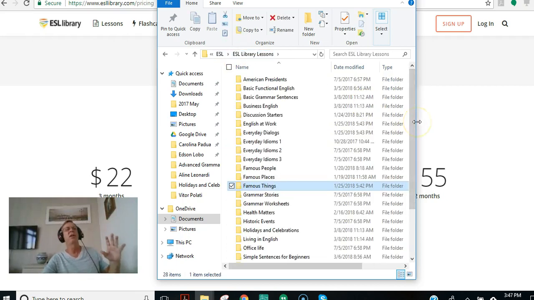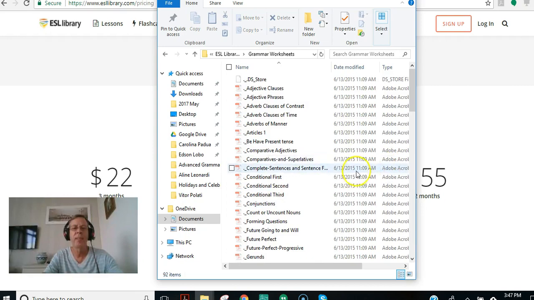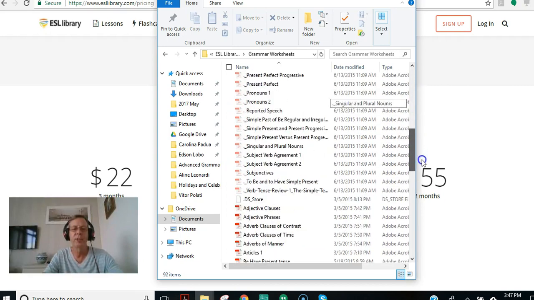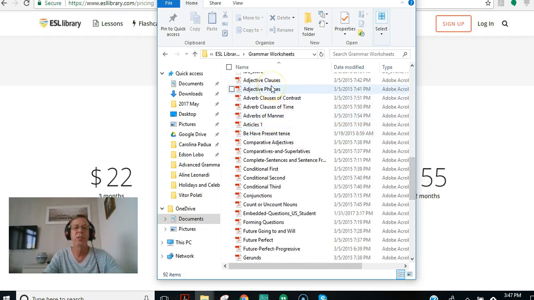Again, these are ESL Library materials. There are a lot that are great for just conversation, and those usually include some vocabulary in them. They're also good, as you can see, grammar worksheets. Let's look at those. Worksheets for adjective clauses, adjective phrases, be and have, review of those.